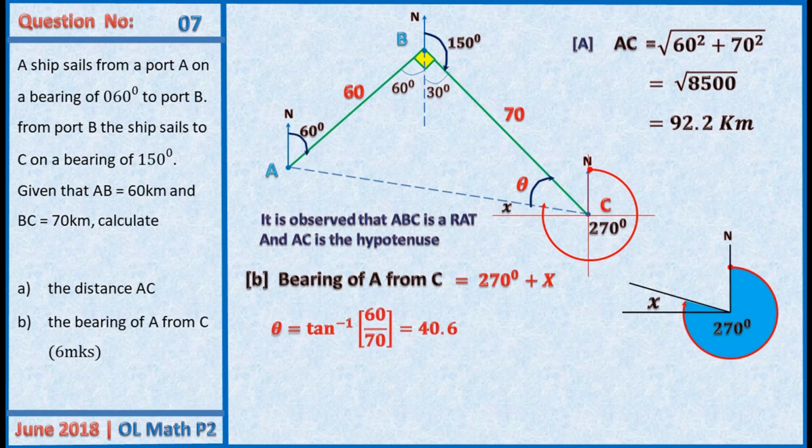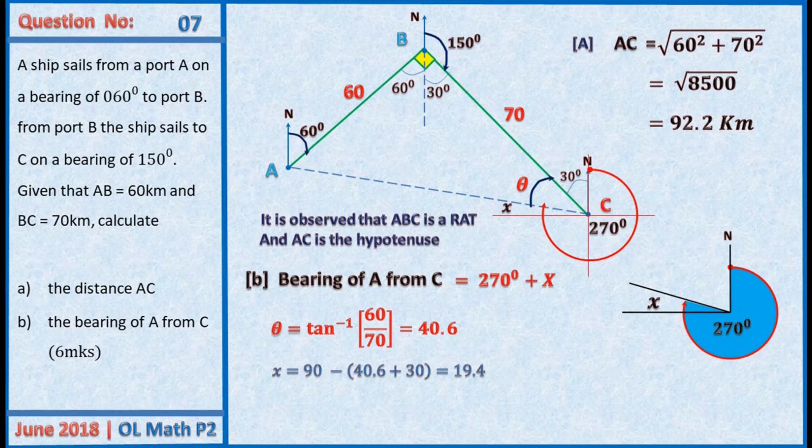We know the angle theta from the figure will be given by, since it is a right angle triangle, tan inverse of opposite over adjacent. That gives us tan inverse of 60 on 70, and that gives us 40.6 degrees. That's theta. And equally, we know the remaining angle there to be 30 degrees, since that line BC is a transversal of those two normals or those two north lines.